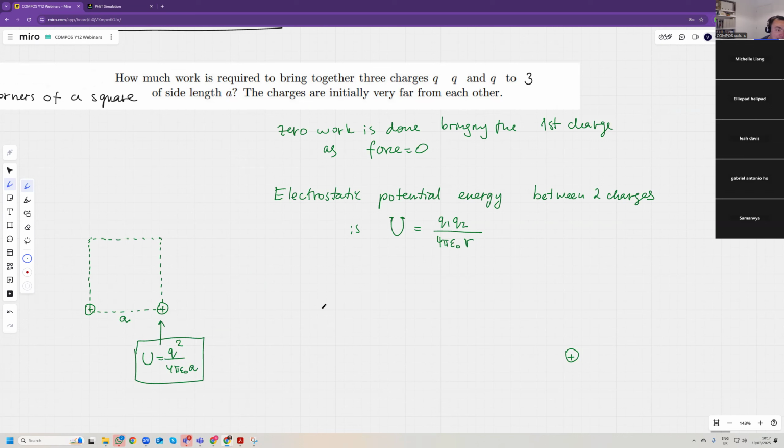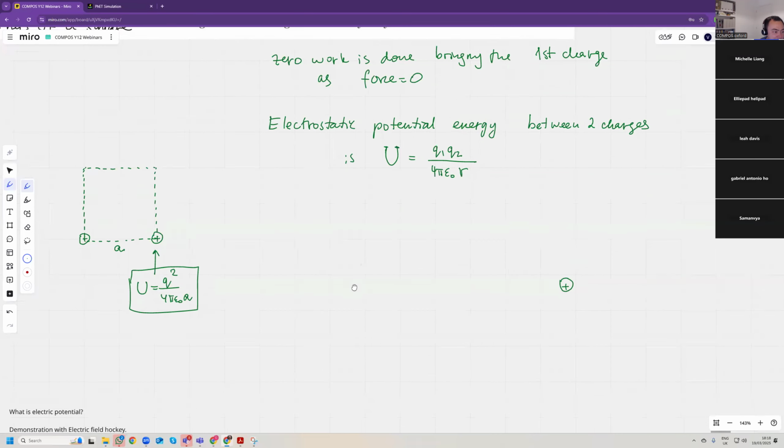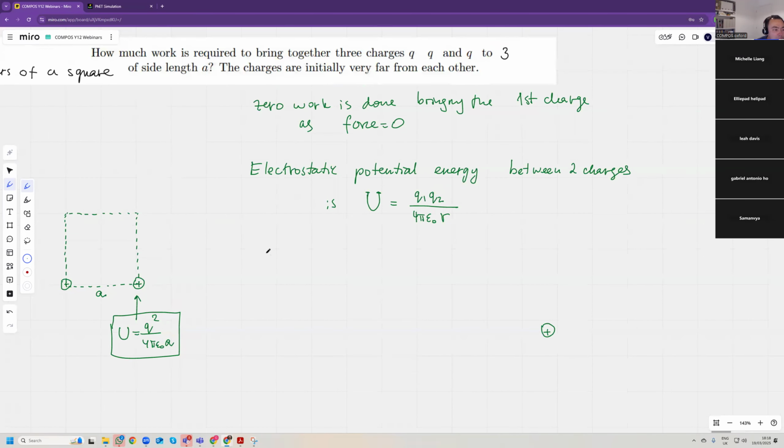That means the work done bringing the second charge is Q squared divided by 4 pi epsilon naught A. Now, finally, we need to bring in the third charge.